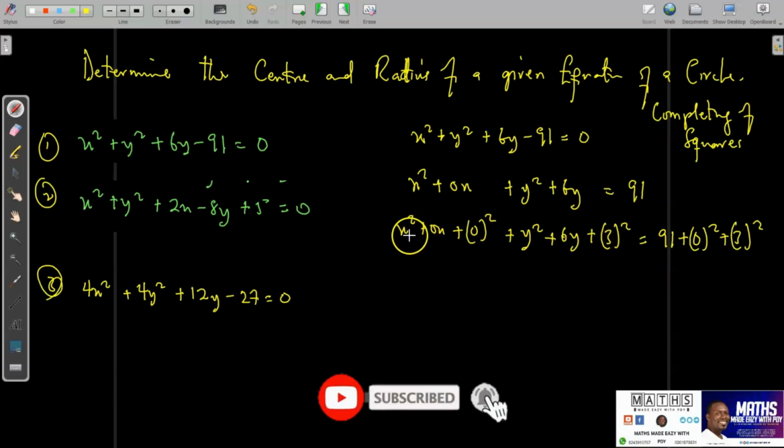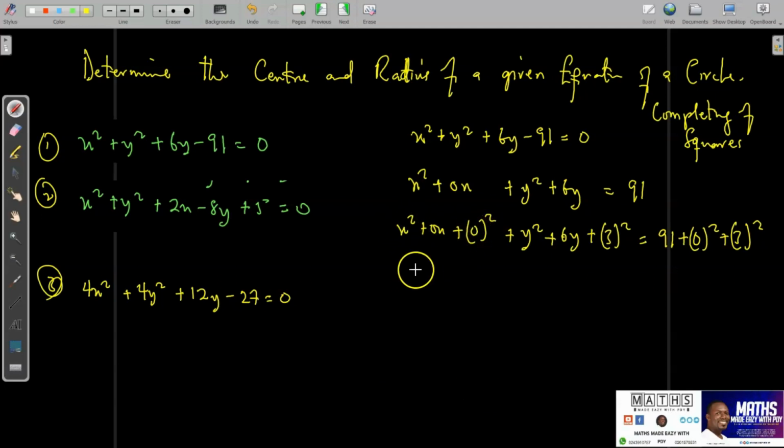That will lead me to pick one of the x's, pick one of the constants for x, and that will give you x plus 0 all squared, then plus y plus 3 all squared equal to 91 plus 3 squared. That will give you 9, so that will give you 100 in all. So automatically we've been able to generate our equation of the circle in the factor form.